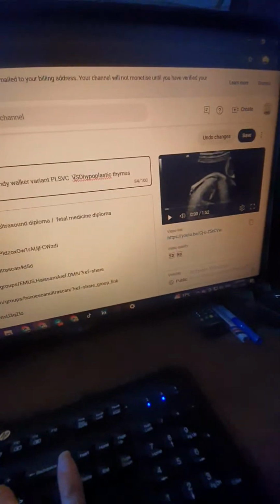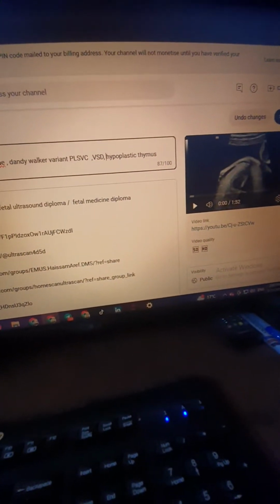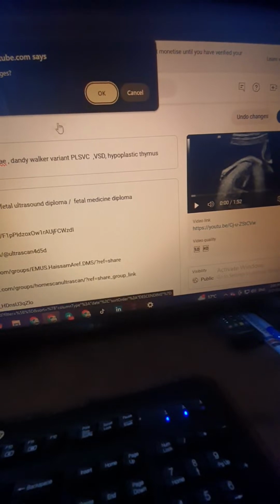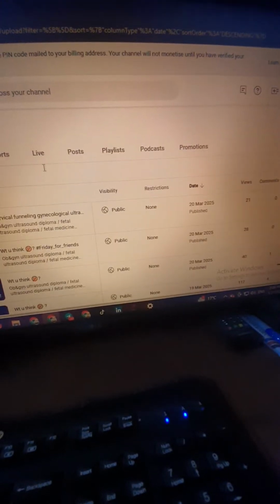Enough to say the persistent left superior vena cava and VSD. And before it, write here a comma, hypoplastic thymus, comma, yes, DiGeorge syndrome. So it was a very complex case, my friends, the DiGeorge syndrome, which is apparent due to the hypoplastic thymus.